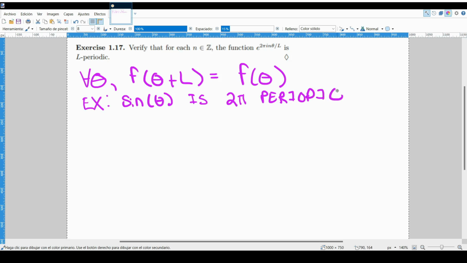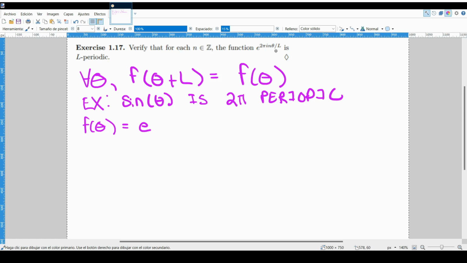Now, we want to show that this function right here is L periodic. So we want to show that f of theta plus L is equal to f of theta. So it's a good idea to just write down our f of theta plus L and our f of theta, so we know exactly what we're looking for.